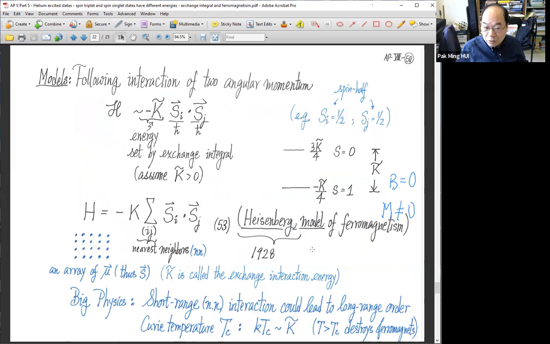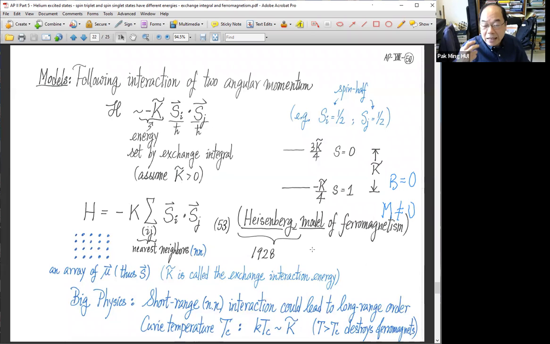So what is the origin? We have seen the origin already. In helium, the lower energy state is the spin triplet. In the spin triplet, the two spins tend to align, and the origin of which is Coulomb. Coulomb energy is much bigger than this dipole-dipole interaction energy.